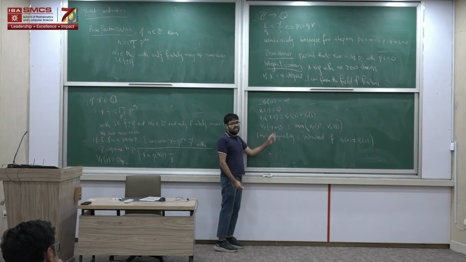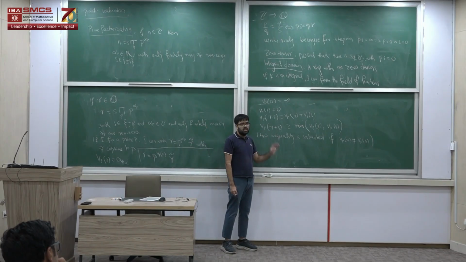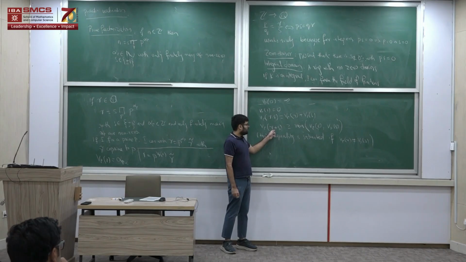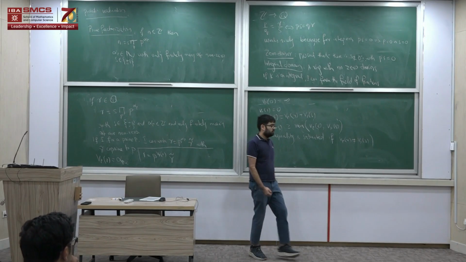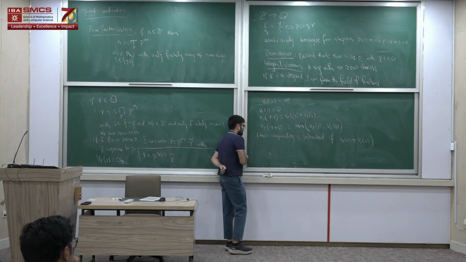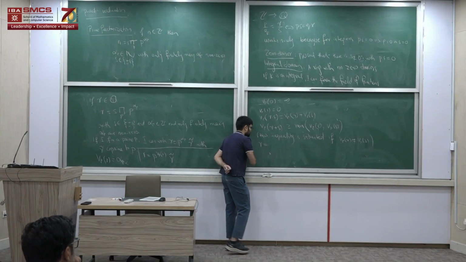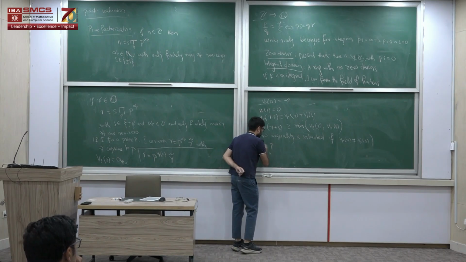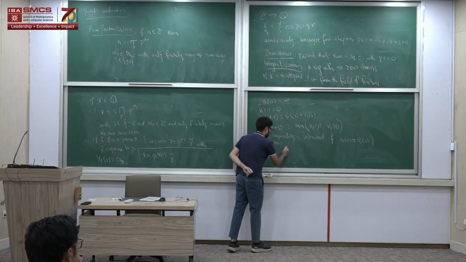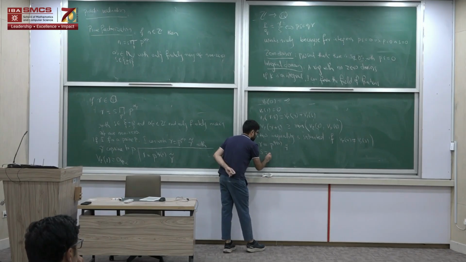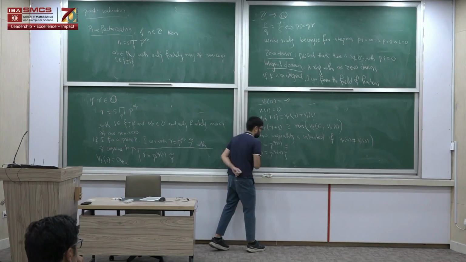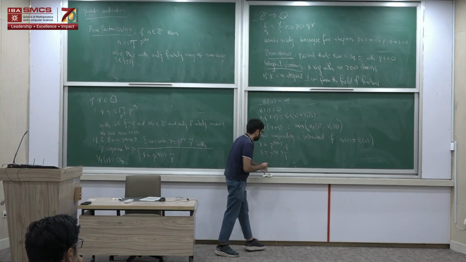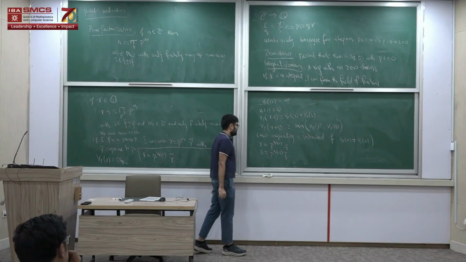I can have r and s, and I will assume without loss of generality that r is the one that has minimum valuation. So let us suppose r is p to the V_p of r times r tilde, and s is p to the V_p of s times s tilde.